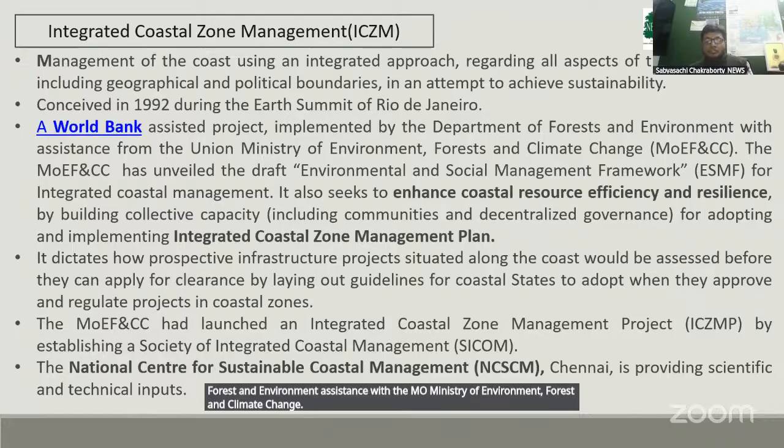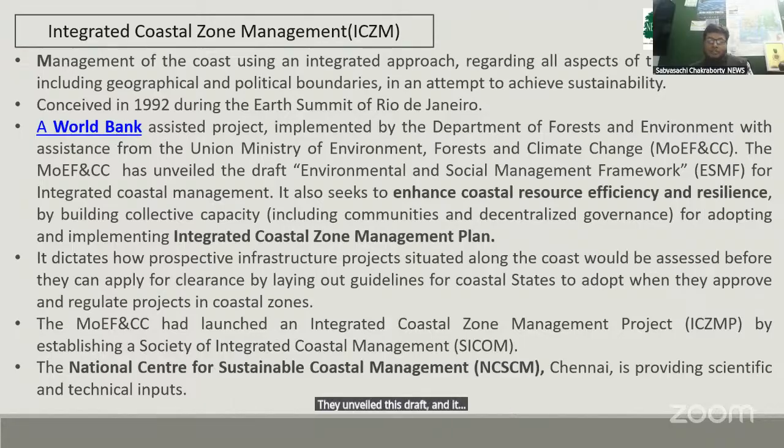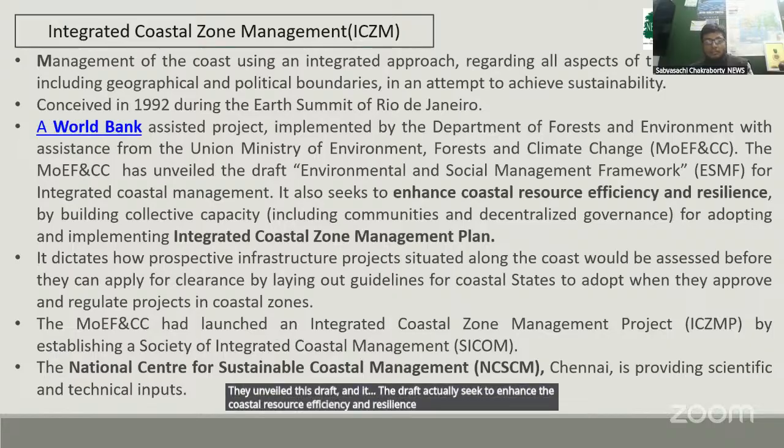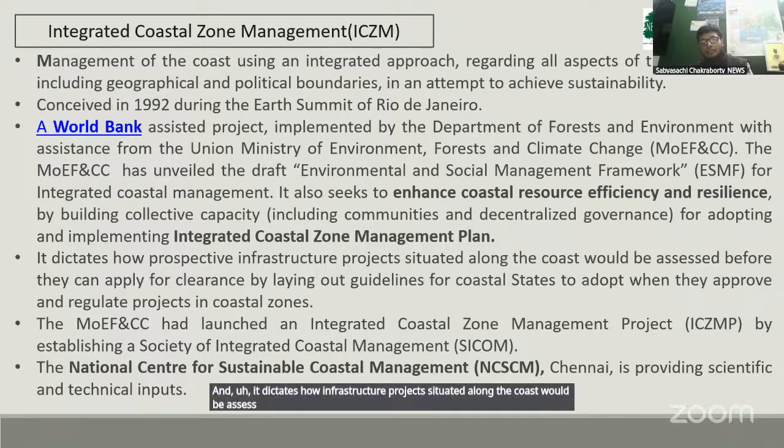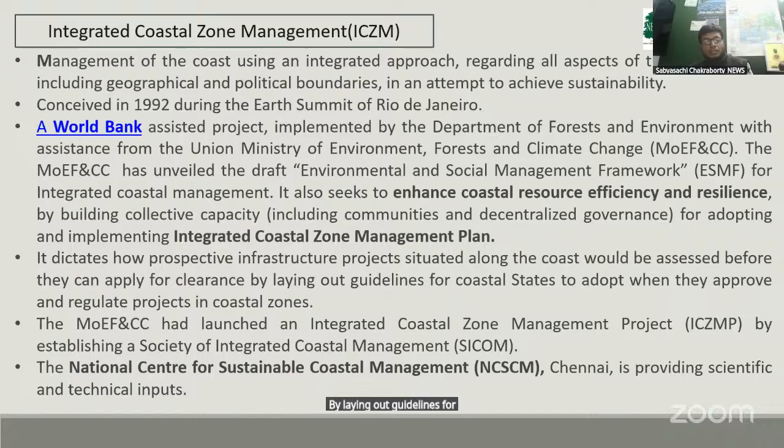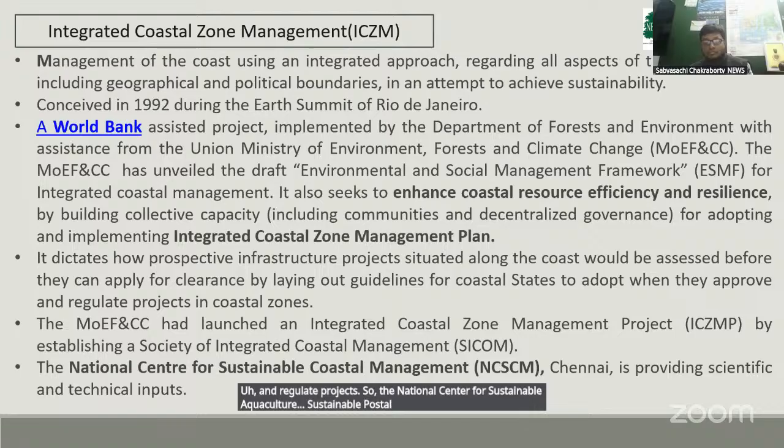They unveiled this draft, which seeks to enhance coastal resource efficiency and resilience by building collective capacity, and it dictates how infrastructure projects situated along the coast would be assessed before they can apply for clearance, by laying out guidelines for coastal states to adopt when they approve and regulate projects. The National Centre for Sustainable Coastal Management is providing the scientific and technical inputs.